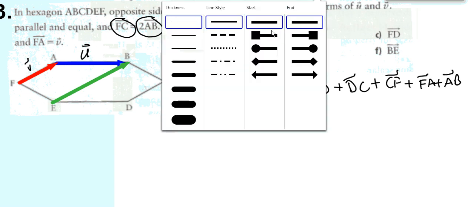Now, what did you just do, Miss Townsend? Well, what I'm doing is I'm only trying to use the blue arrow direction and the red arrow direction. In other words, I don't know anything about EF or BC, so I don't want to use them at all. So my path to get from E to B is basically this path, and I'll use a thicker pen just to really emphasize what I'm doing here.